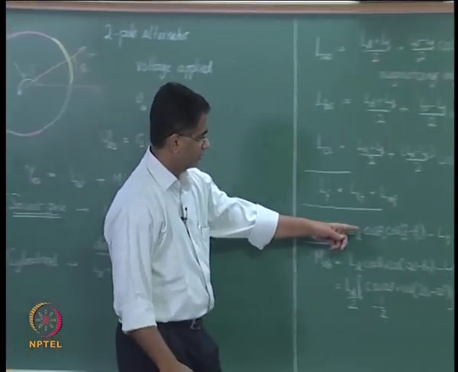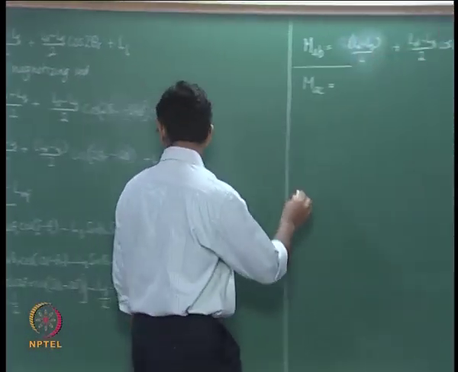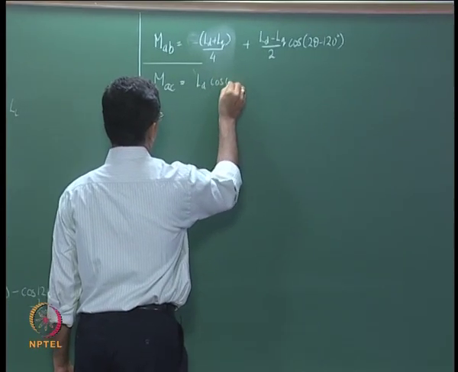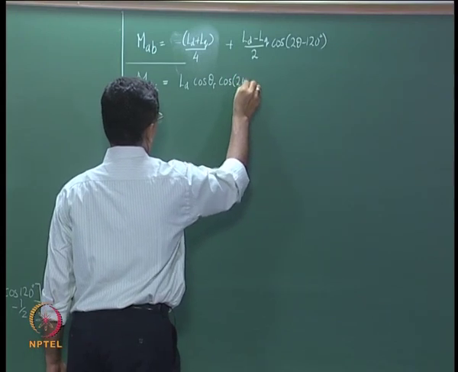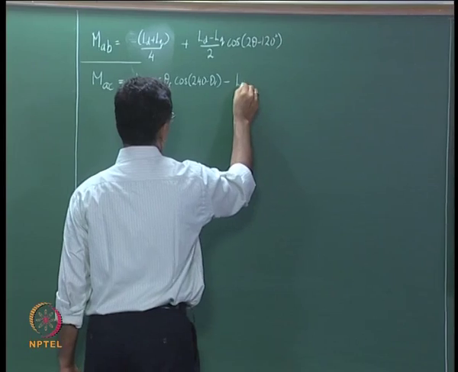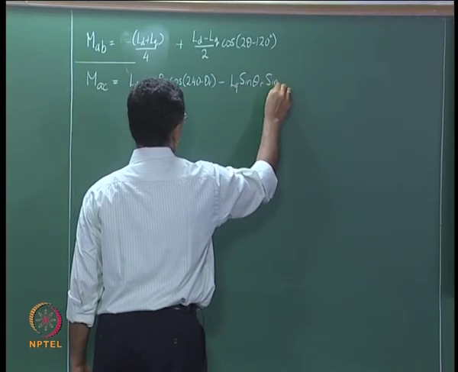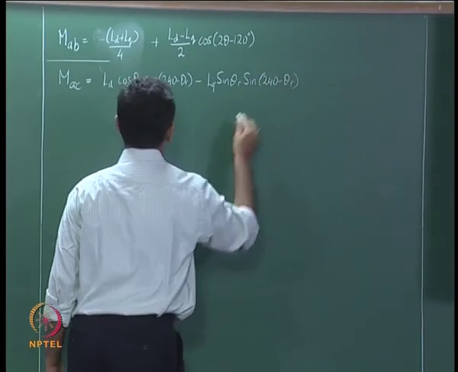So what we need to do is substitute 240 here. So what you have is LD into cos theta r cos of 240 minus theta r minus LQ sin theta r sin of 240 minus theta r.